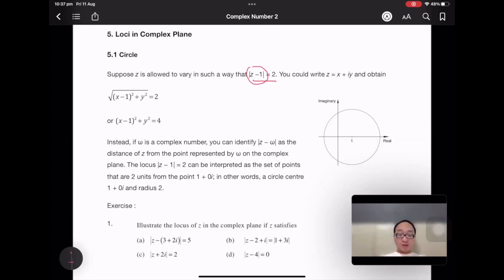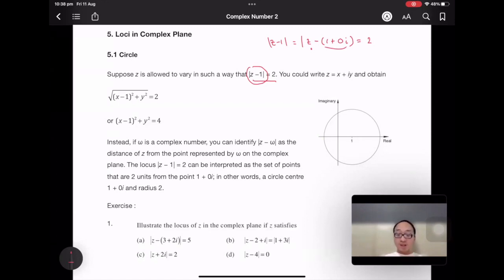So the modulus of z minus 1, or I can rewrite this as z minus 1 plus 0i, equals 2. Now the modulus itself is the distance from z to the coordinate of 1 plus 0i.